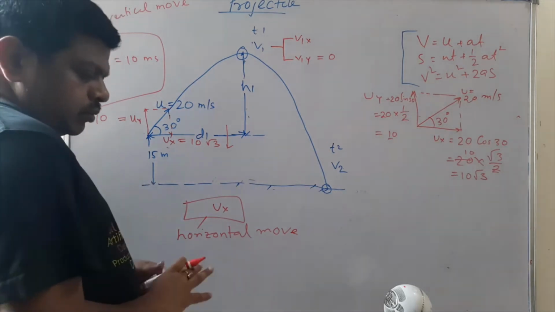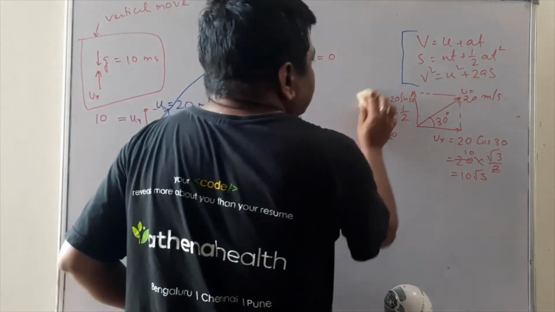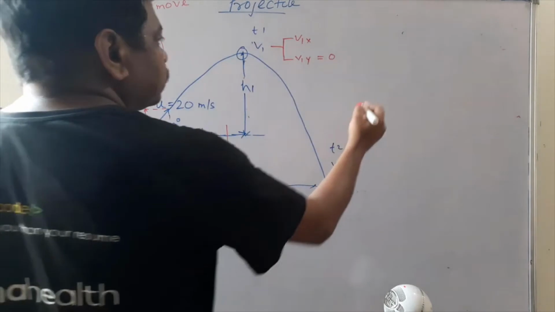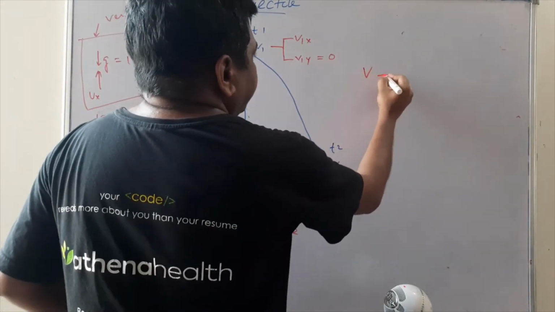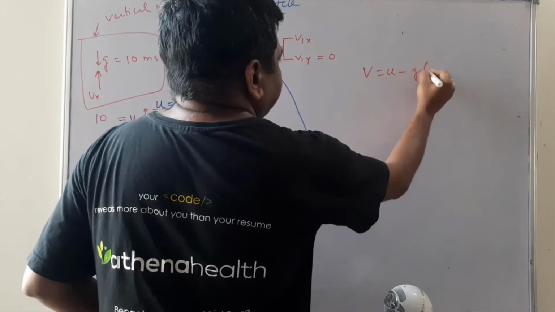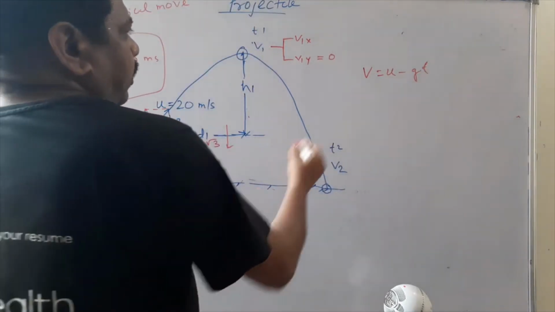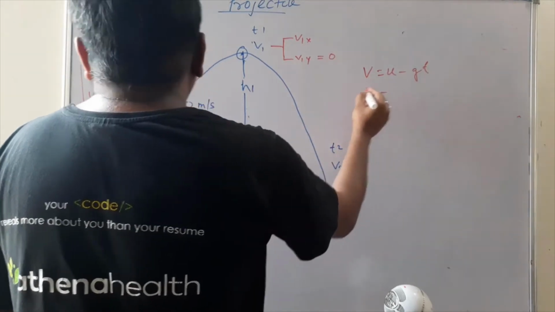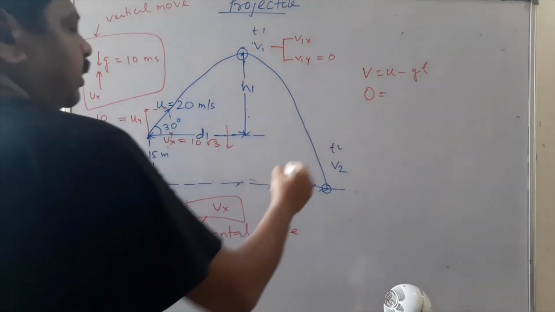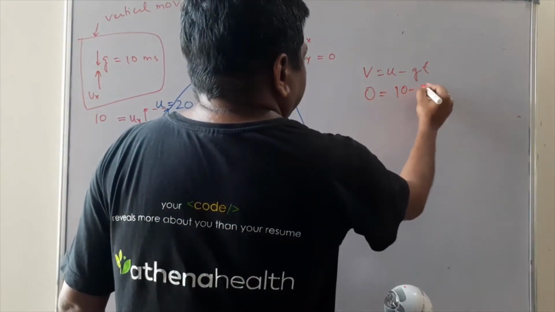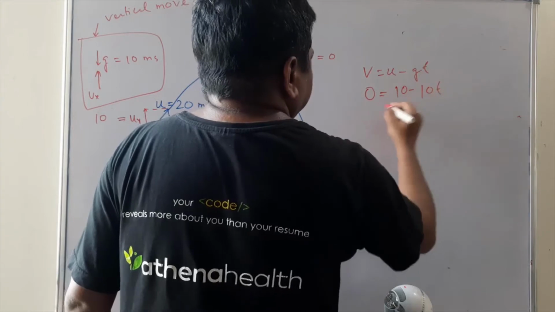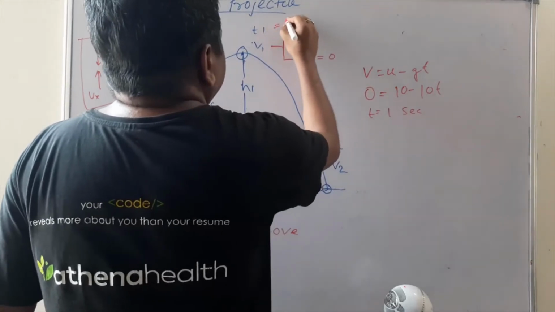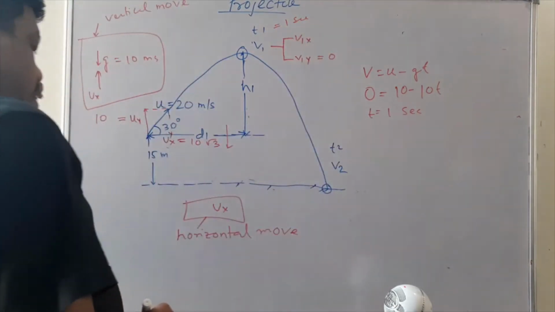Okay, so you can use this equation: v equal to u minus g t. Here v is vy, that is 0, and u is uy, which is 10, minus 10 t. So t equals 1 second.